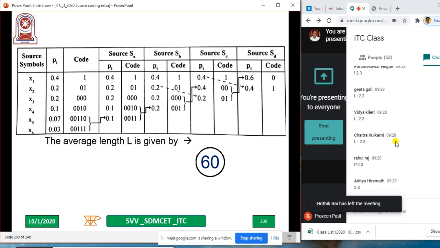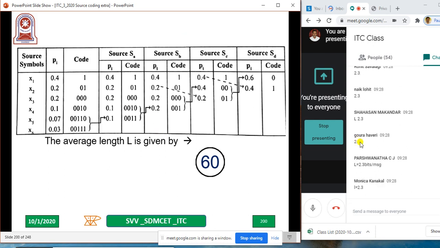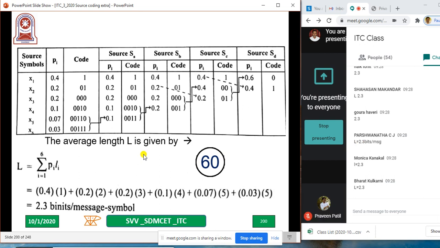Geeta has got 2.3. Vidya Kalkeri has got 2.3. Aditya, Jaysurya, Prithviraj, Vijay Lakshmi, Vinay, Priya Patil got 2.3. Vineet, Rohit, Nayak, Lohit, all are getting the same answer. Sahasana 2.3, Gaurya, Monica, all of you are doing or not? Good. Bharat. So let me go to the H of S.